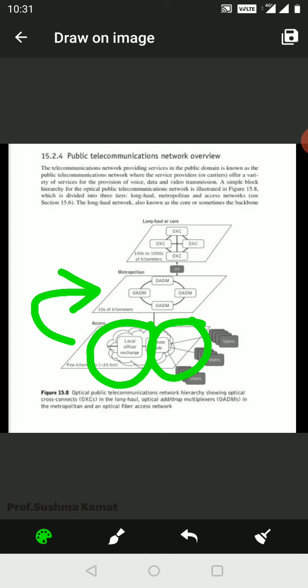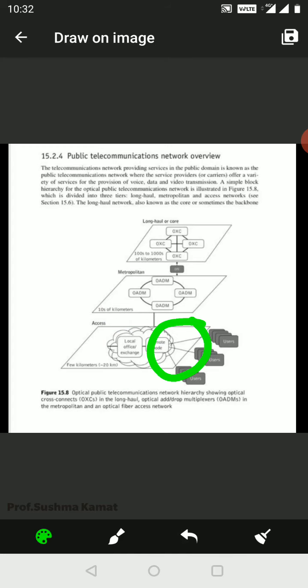In this picture, if I want to re-explain it, I want you all to understand that the long haul network is used for the connection between the networks of the countries. The long haul network is for hundreds to thousands of kilometers. The metropolitan is for the smaller area network up to tens of kilometers.